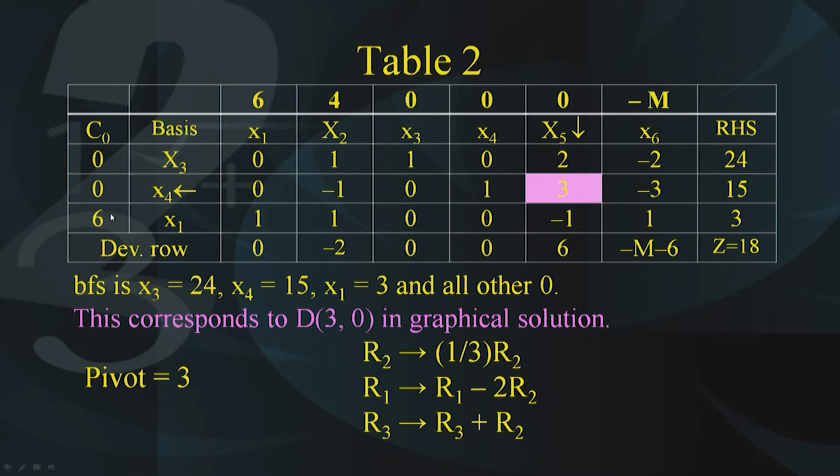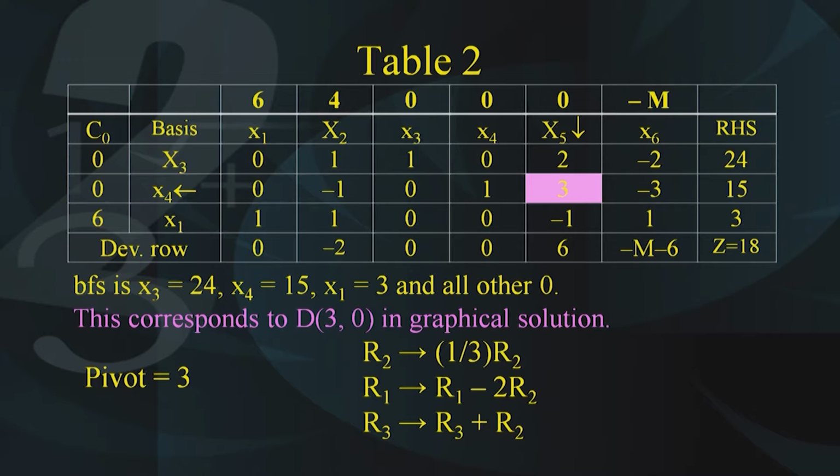Once these deviation entries are calculated, we need to observe which of them is the largest, and you find 6 is the largest. Please note the last entry is 6 minus m. Although m is a very large number, it is appearing with a negative coefficient.